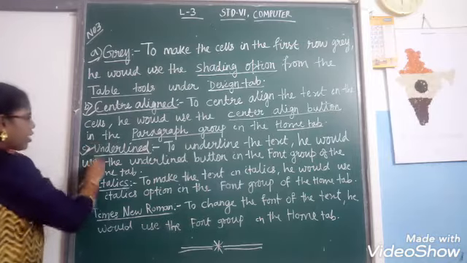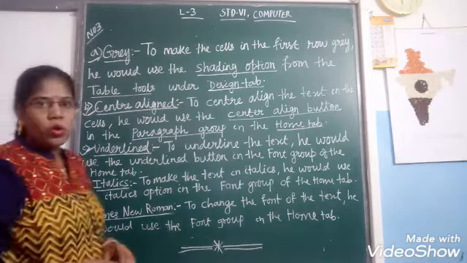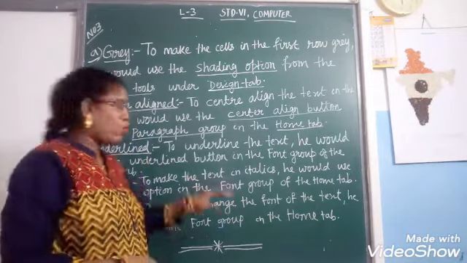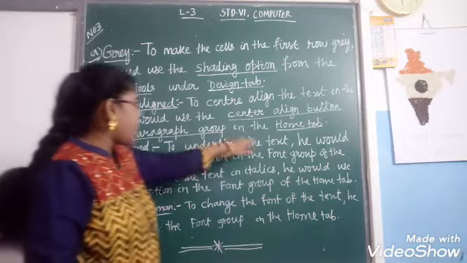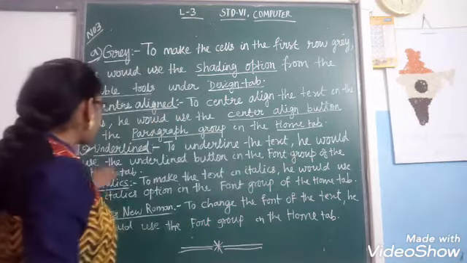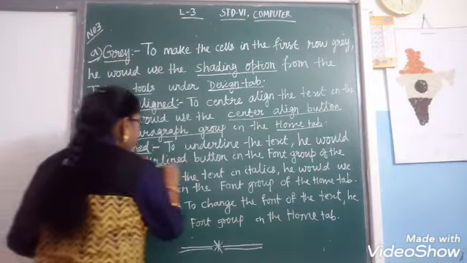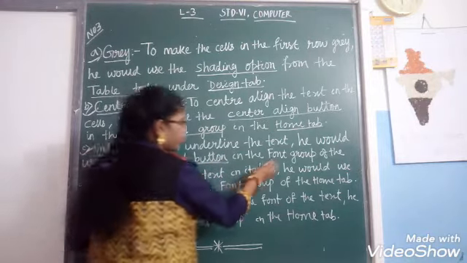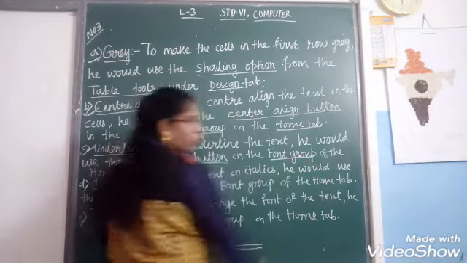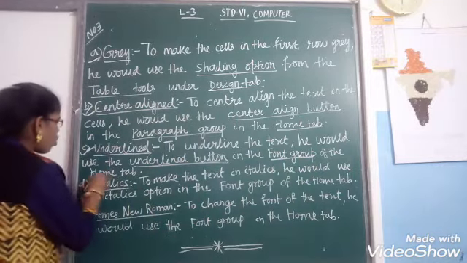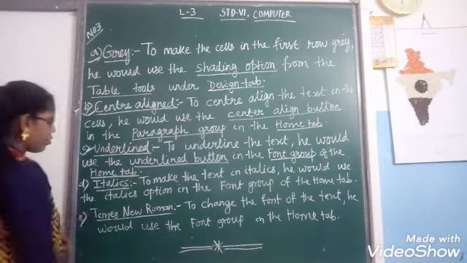Now come to the third one, underline. He wants to underline the text. Then what will he do? To underline the text, he would use the underline button in the font group of the home tab.